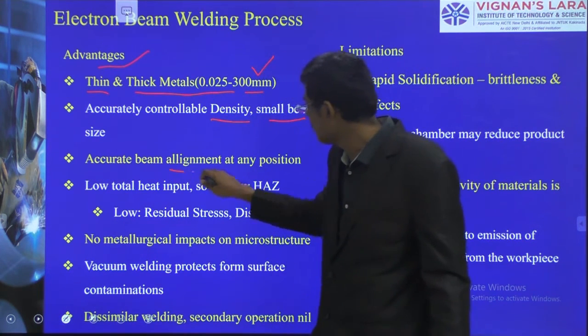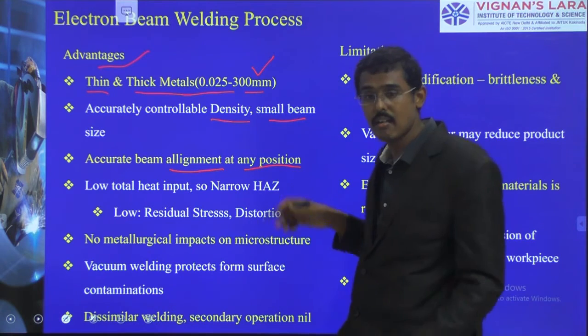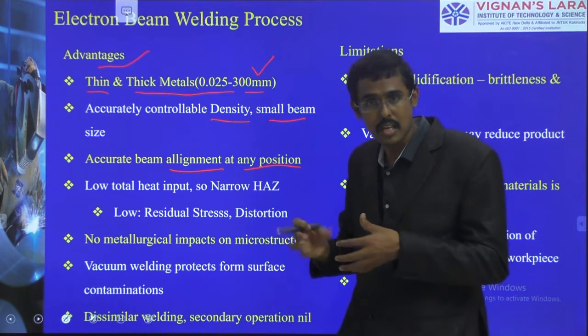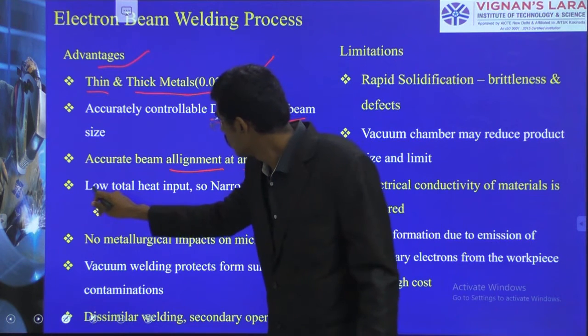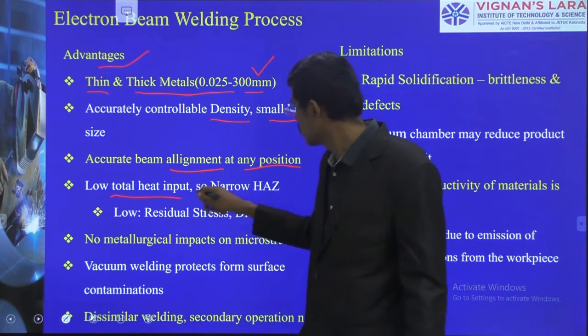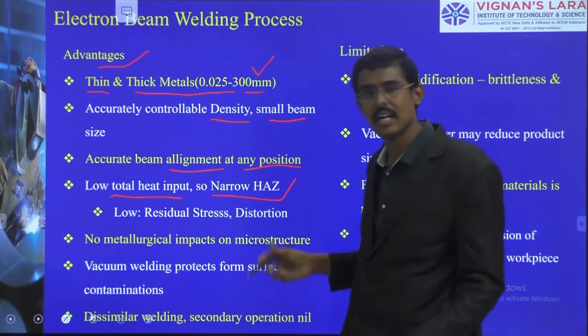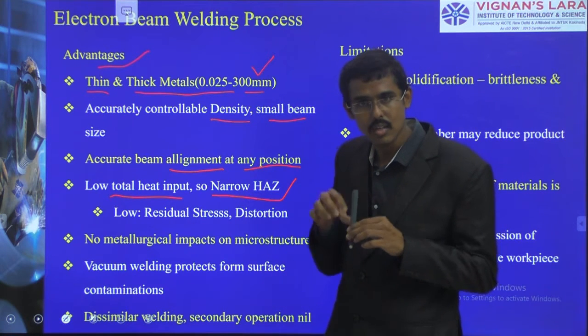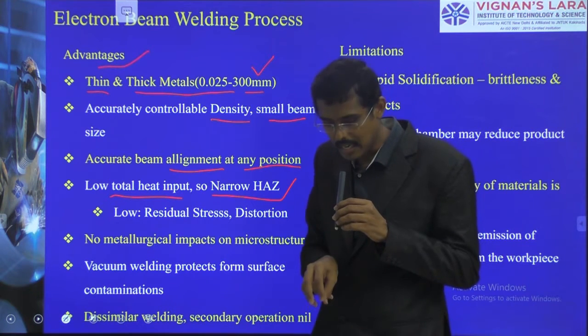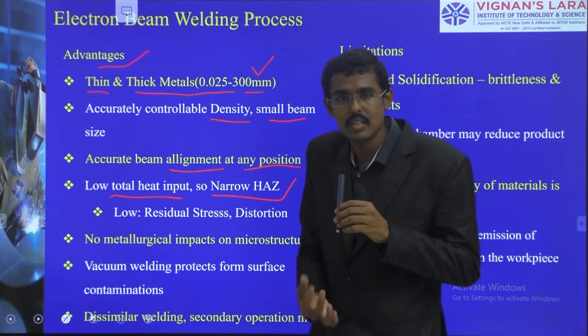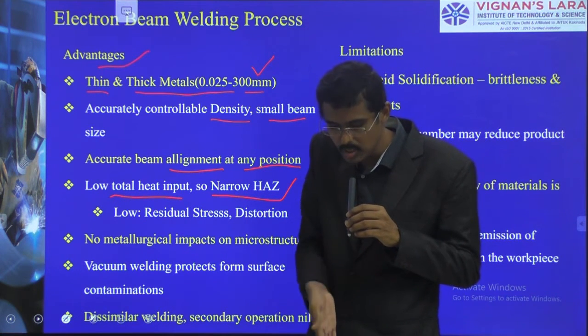Accurate beam alignment at any position, wherever we need, we can align by computer, in an optimized vacuum chamber. Low total heat input, so a narrow heat affected zone, because the focused heat is applied only to vaporize and melt, and there itself it is going to weld. This heat is more than enough to do the job.